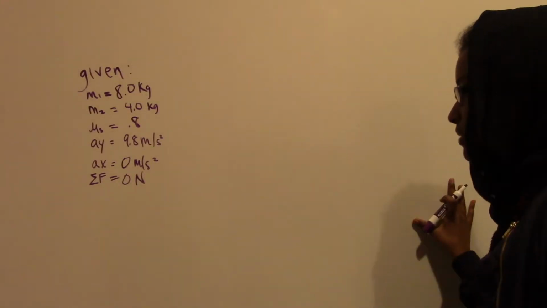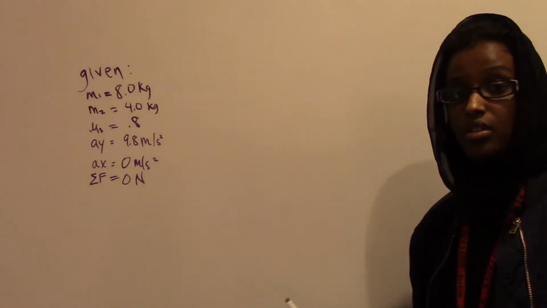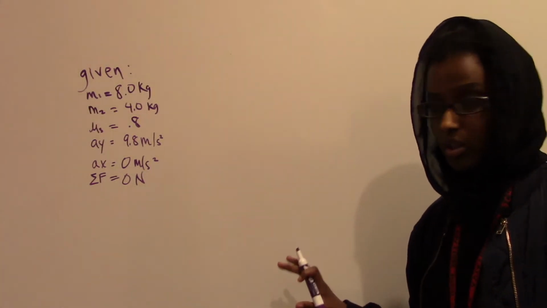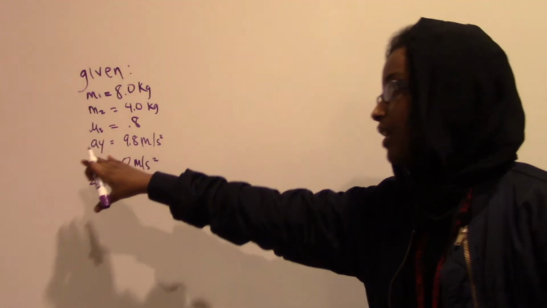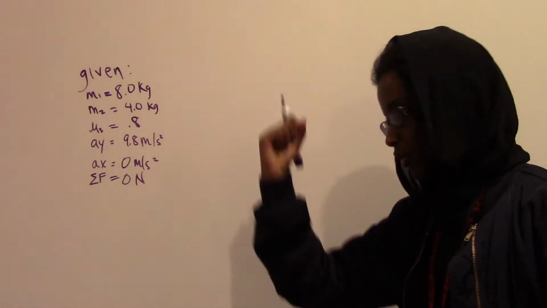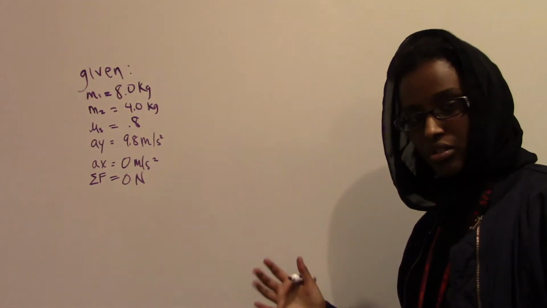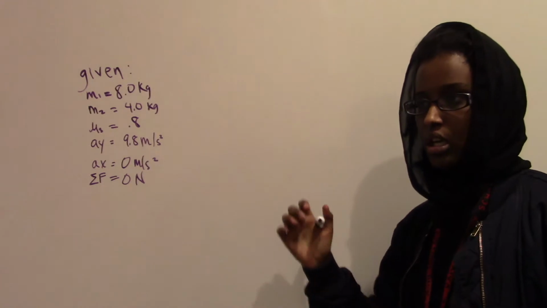So after I'm done drawing my picture, I need to be able to define a coordinate system so my picture works with it. So here we defined a y as 9.8 meters per second squared, like the force that's getting pulled down. So we're not going to draw a conventional coordinate system. We're going to flip it.